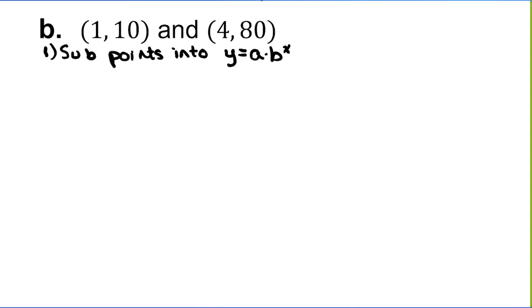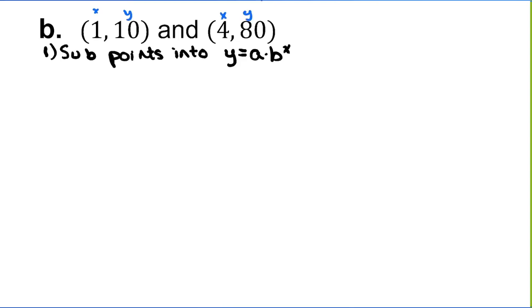So part B, we have (1, 10) and (4, 80). So again, our step 1 is to sub points into y equals a times b to the x. So we're going to do this 2 times. We have x, y, x, and y.